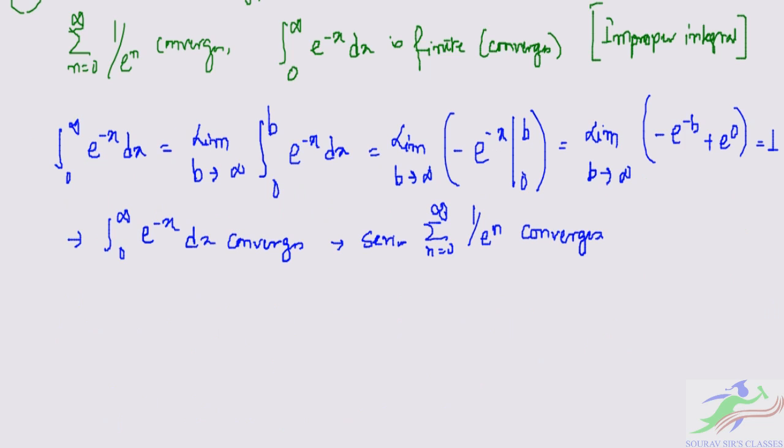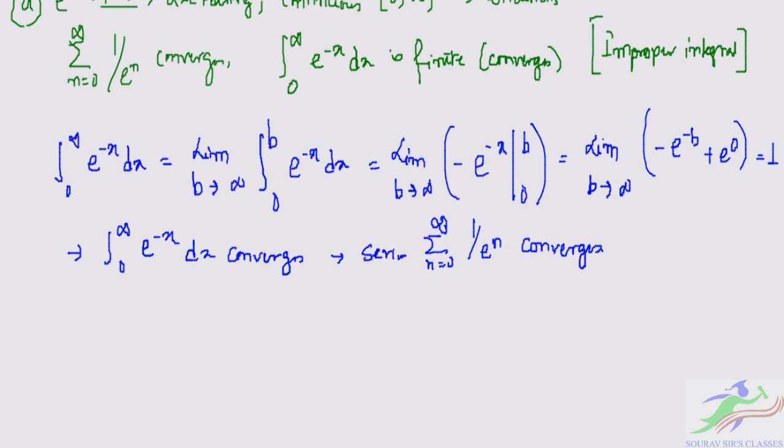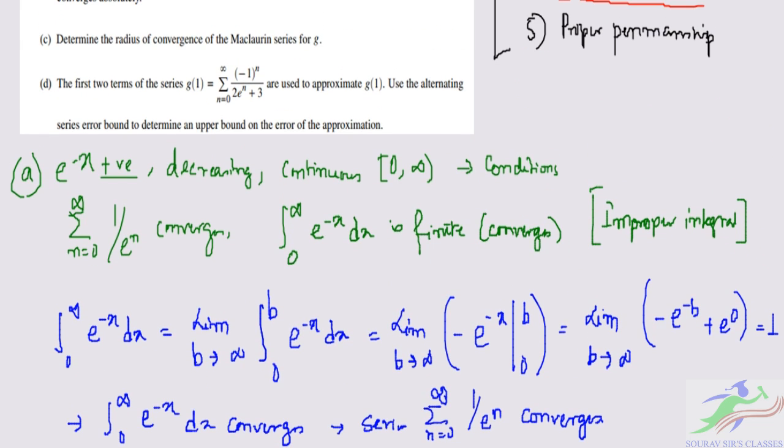So that is part A. We have solved part A, so this series converges. For the point distribution, the conditions get 1 point. We have determined the improper integral, and we have proved that the particular series converges. So these are the 3 points over here.